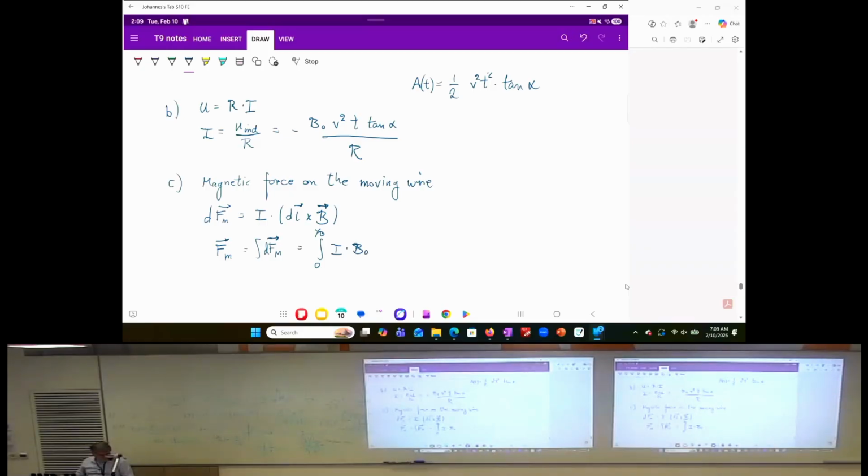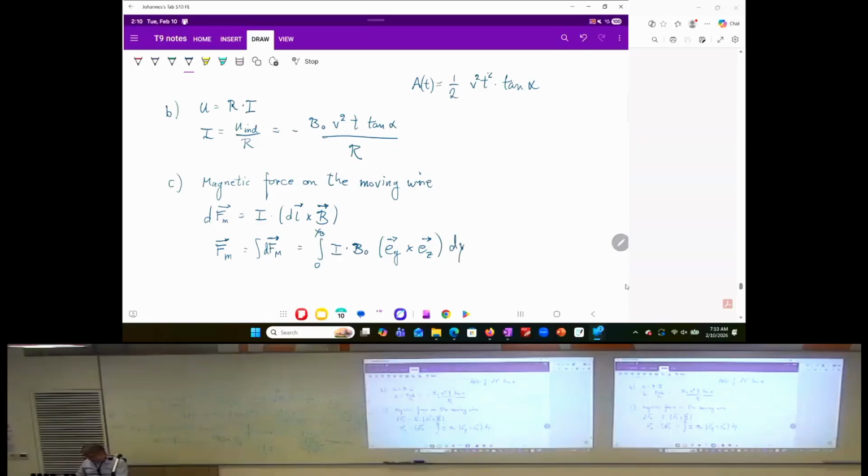The line element is directed in y direction, and we integrate over y.